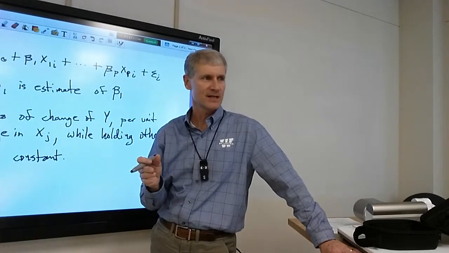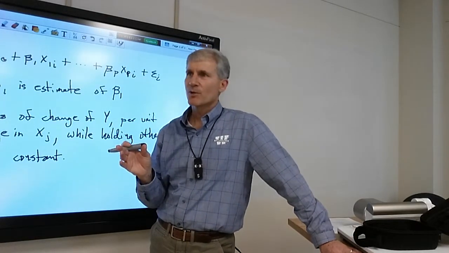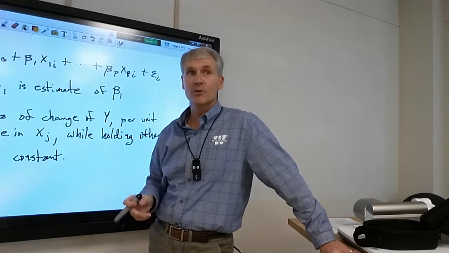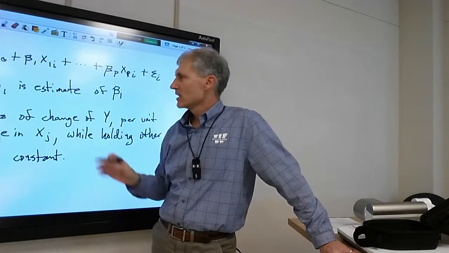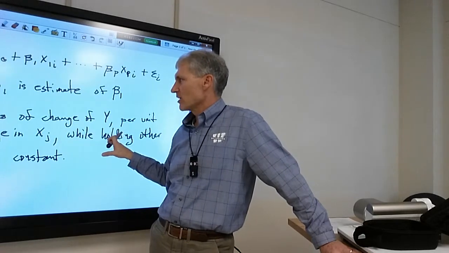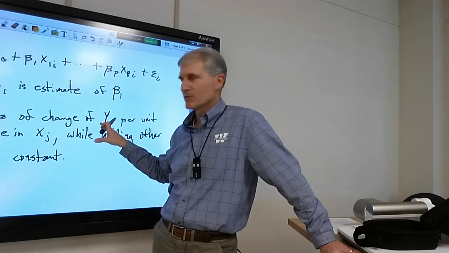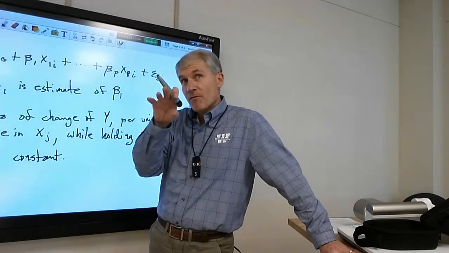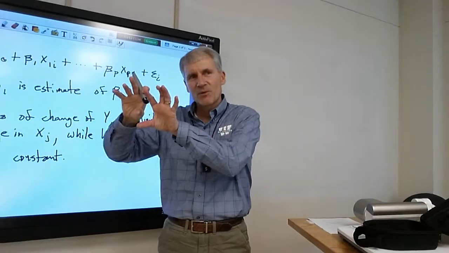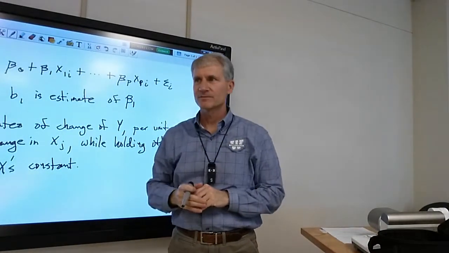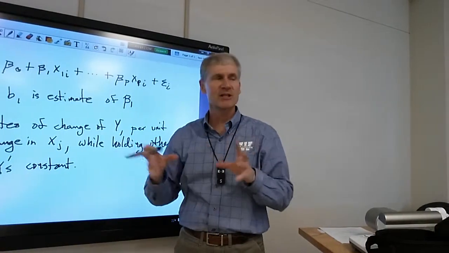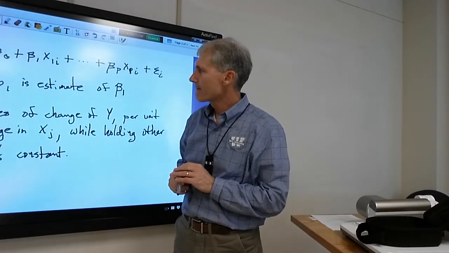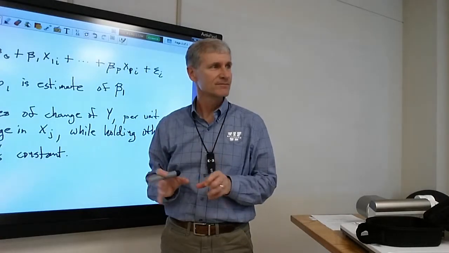The beta coefficient for high school math is the rate of change of GPA, which was the y variable, per unit change in high school math, for everyone where the other variables stay constant. So you can't go changing them at the same time. Any questions on that? Does that make sense? Okay.